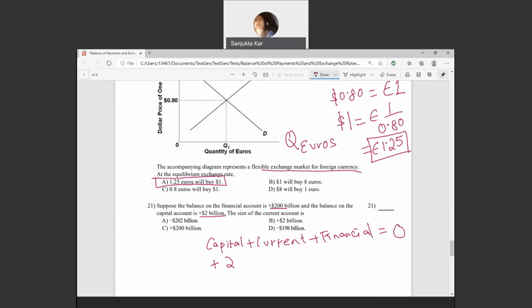My current account is something which I need to find out. And my financial account is equal to 200. All of this is going to be equal to 0. Now I have current plus 202 equal to 0. So the current account is going to be equal to negative 202.